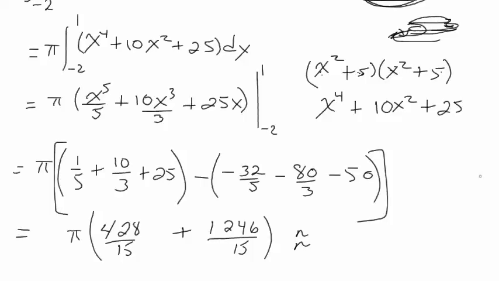So we got 428 plus 1246 divided by 15. I get 558 over 5. Multiply that by pi. And that should be 558 over 5 pi.